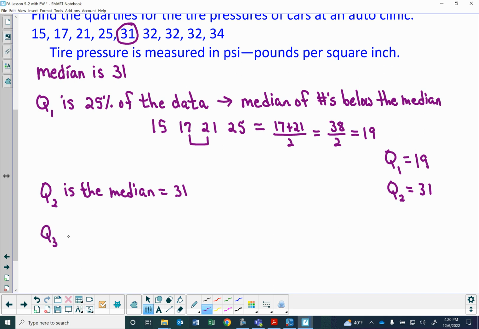Q3 is, by definition, 75% of the data has to fall at or below Q3. So to find Q3, we're going to do almost what we did with Q1, except we're not going to find the median of the numbers below the median. We're going to find the median of the numbers above the median.